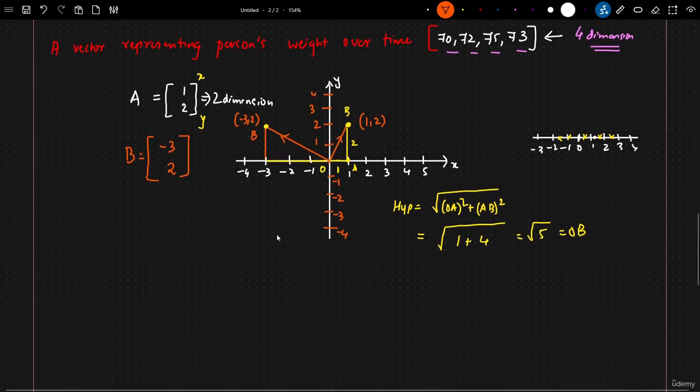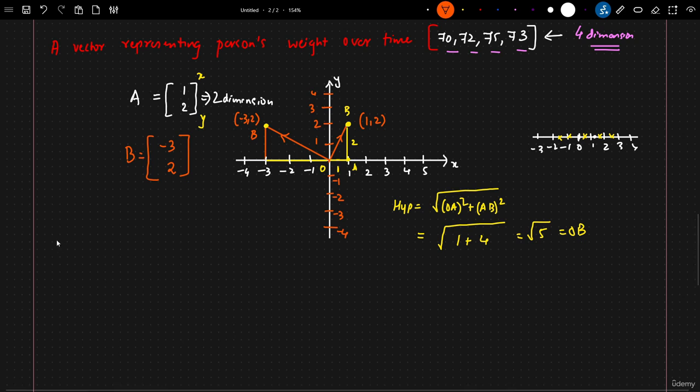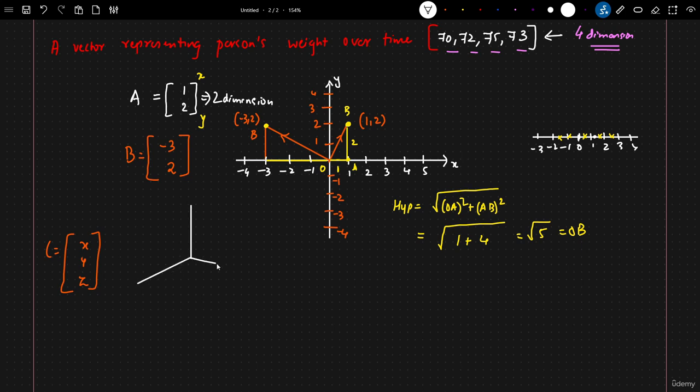Now, similarly, if you go ahead and look at 3 dimensions, let's say there is a C vector which is represented by X, Y, Z. Okay. Now, in this case, I definitely require a 3-dimension vector. So let's say this is my X coordinate, Y coordinate, and Z coordinate. So if I consider this X, Y, Z, right?